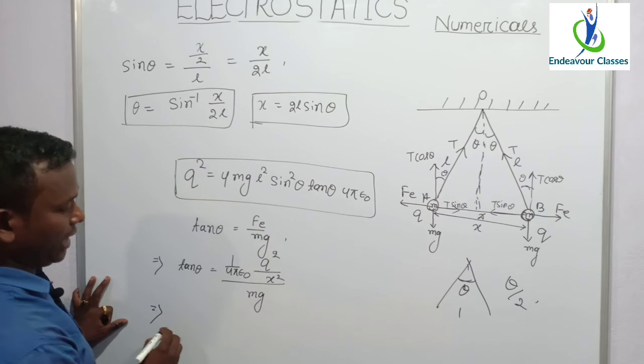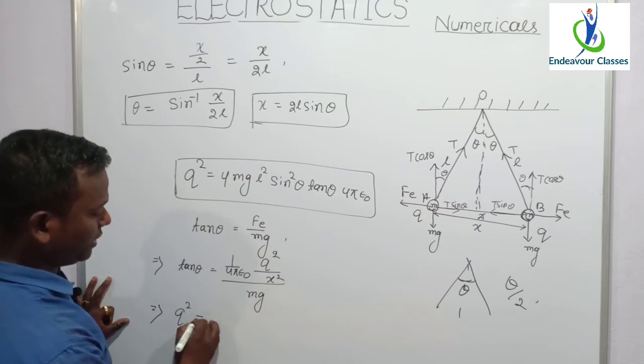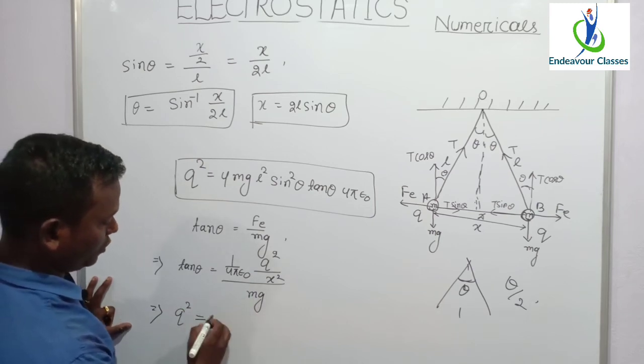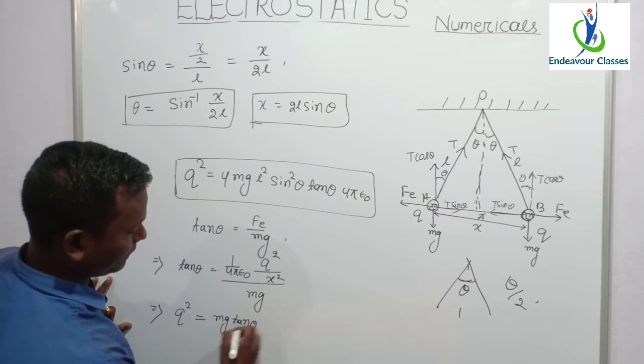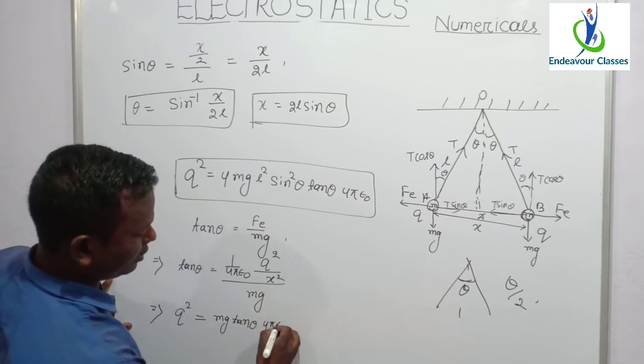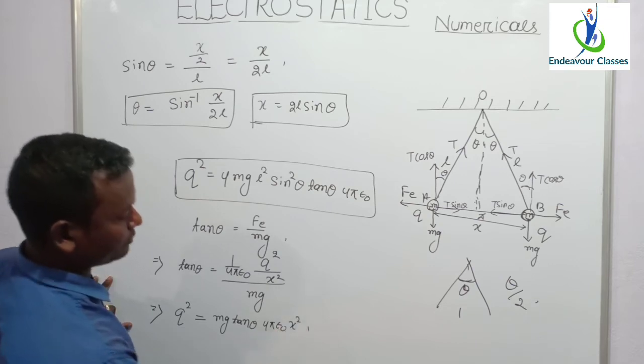So we can write q square equal to mg tan theta times 4 pi epsilon naught x square.